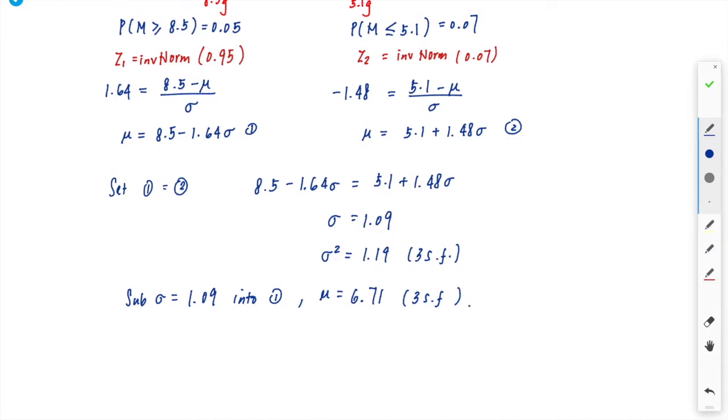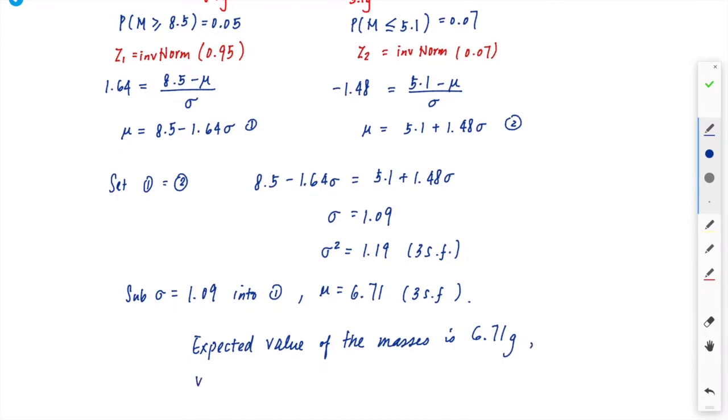Okay, so the expected value, which is the mean, of the masses is 6.71 grams. And then the variance is 1.19 grams.